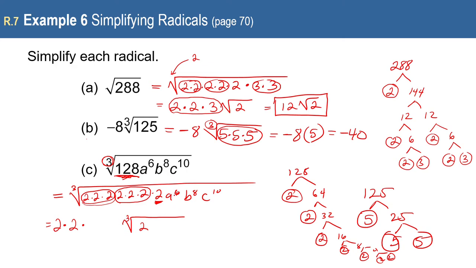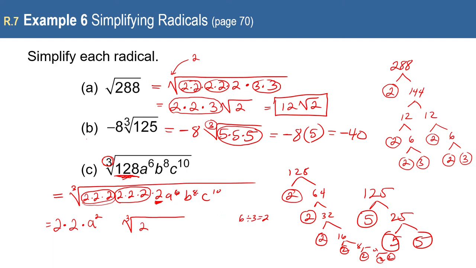Now, how many groups of 3 are there in a to the 6th? I can divide 6 by 3 to get 2. I know there's 2 groups of 3 in 6. There's 2 groups of 3.